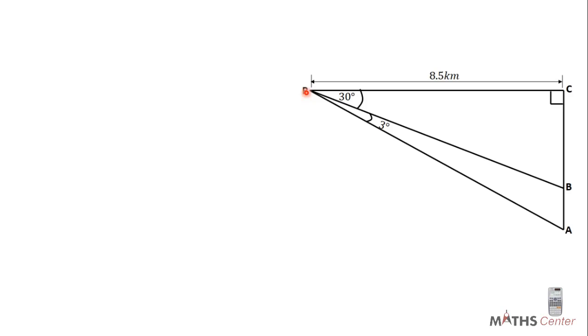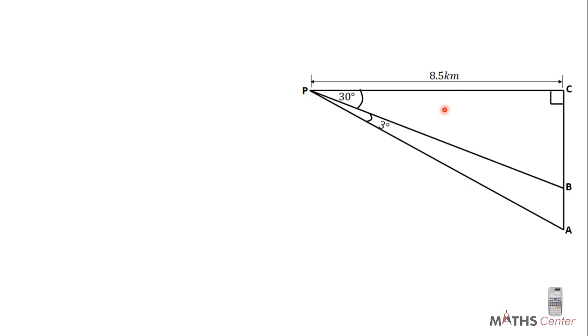Okay, so we want the shortest distance between P and A. Now from this diagram, if someone wants to move from P to A, you can either move from P to C, then from C to A, or move from P to A straight away. So the question wants us to determine which one is shorter.